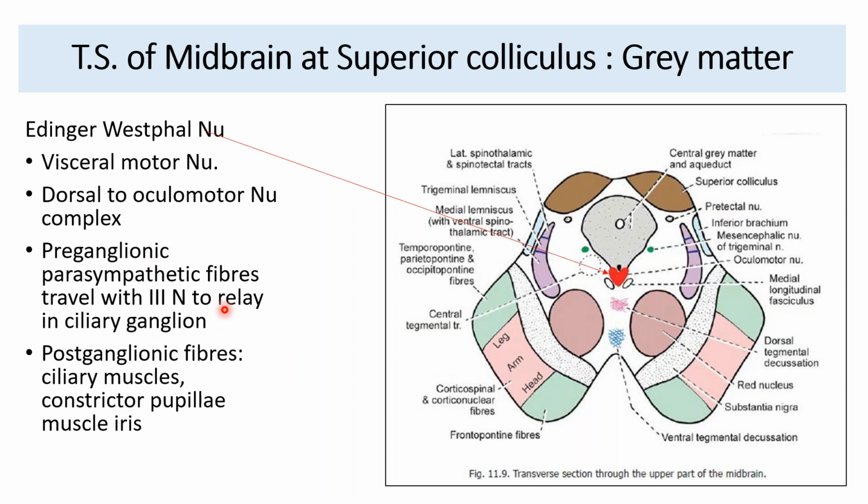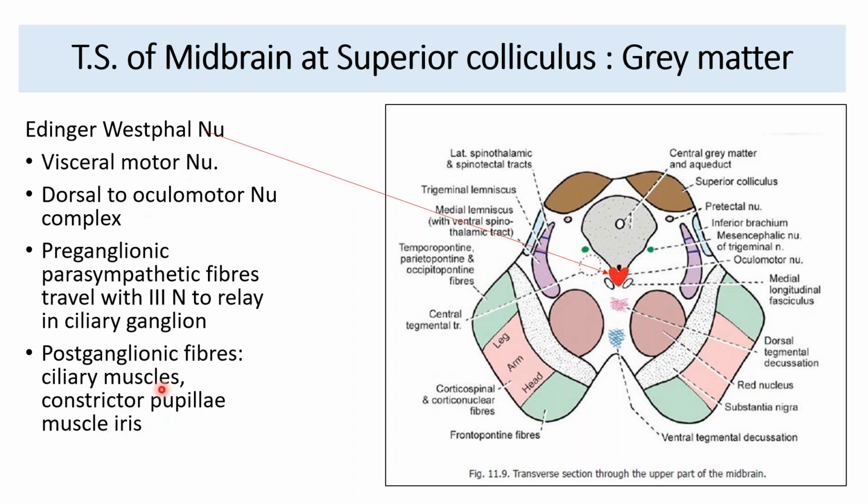When we did the ciliary ganglion, remember the role of the Edinger-Westphal nucleus. The preganglionic parasympathetic fibers with the oculomotor nerve relay into the ciliary ganglion, and from there the postganglionic fibers supply the ciliary muscles and the constrictor pupillae muscle of the iris.